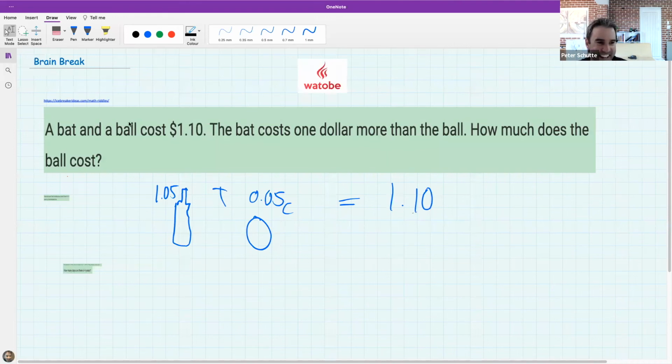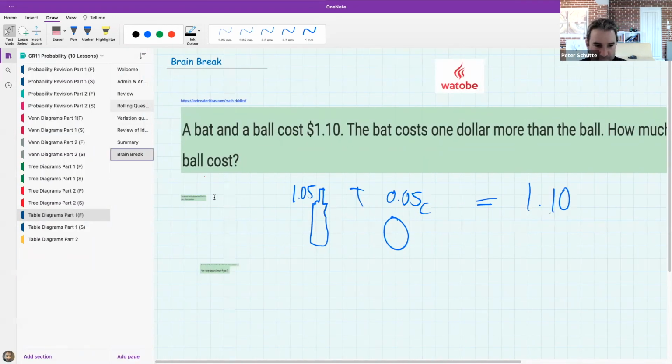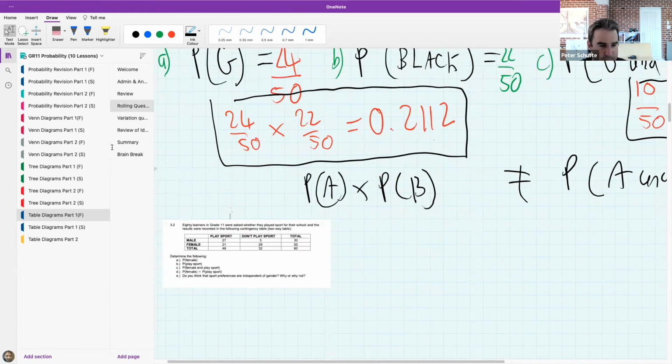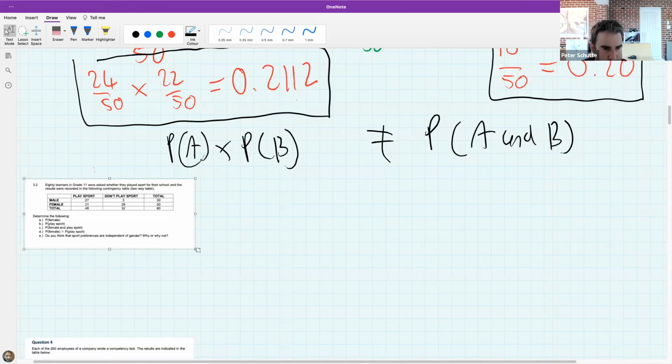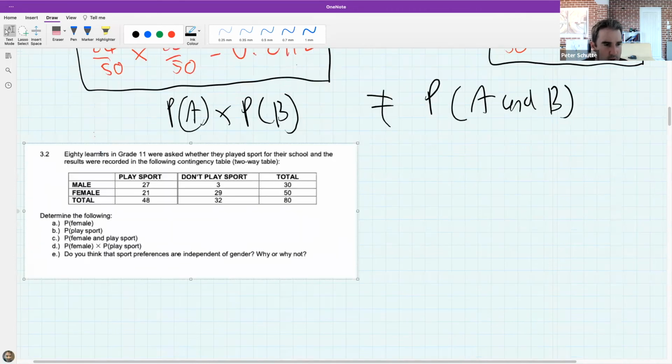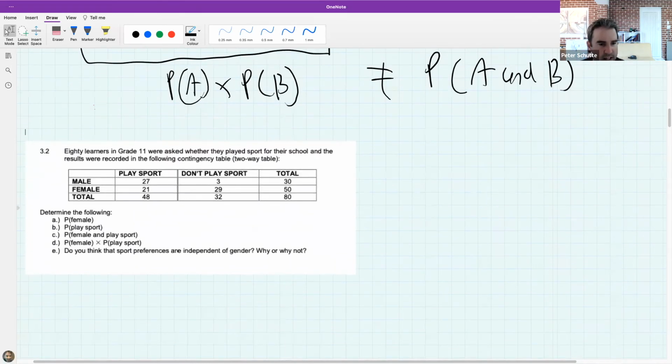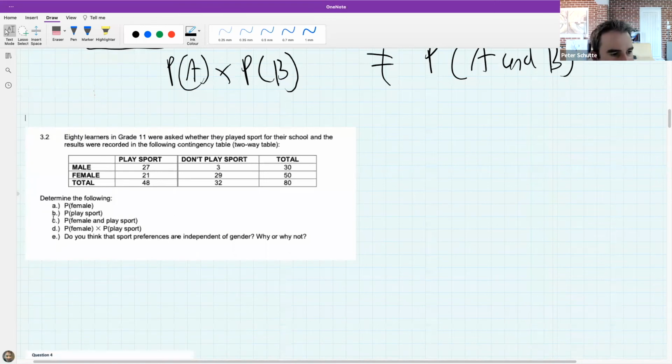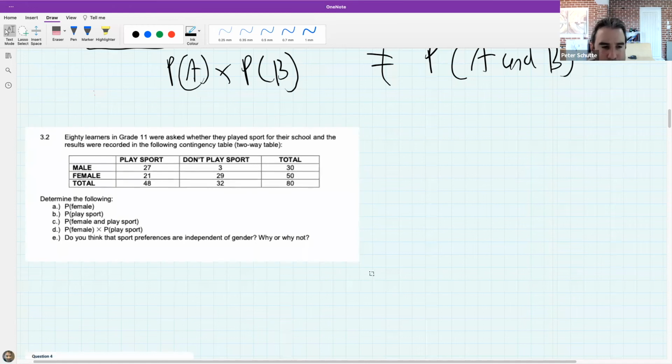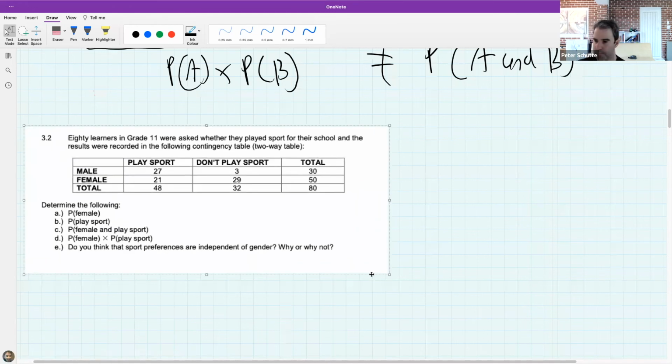Okay, let's go back to what we were doing. Here is a more typical exam question. I want you to work out the answers for A, B, C, D, E. I'm giving you a table.